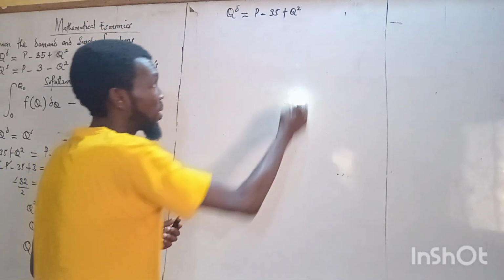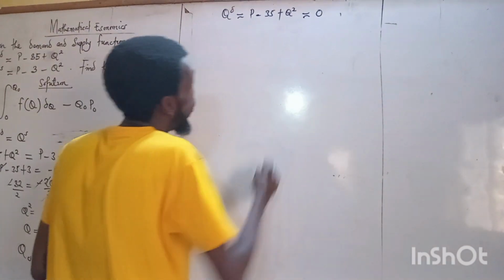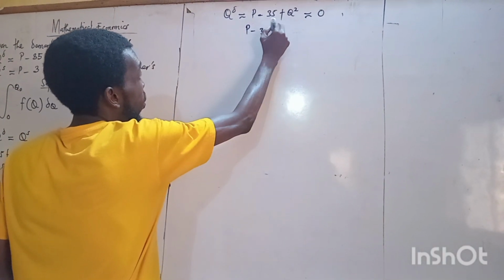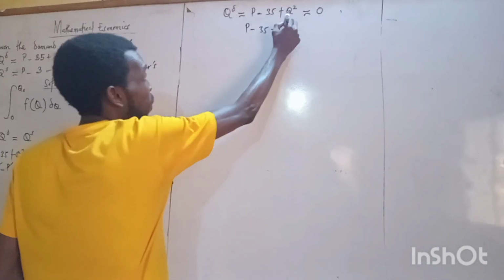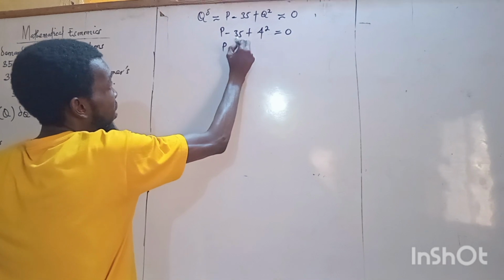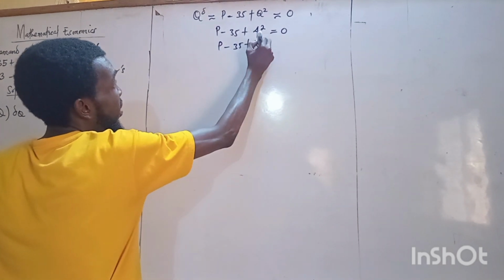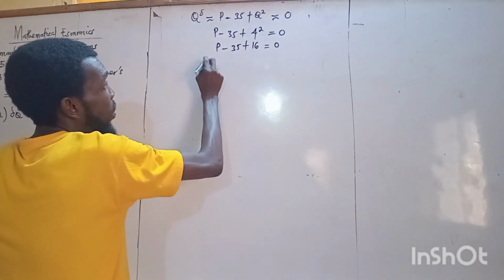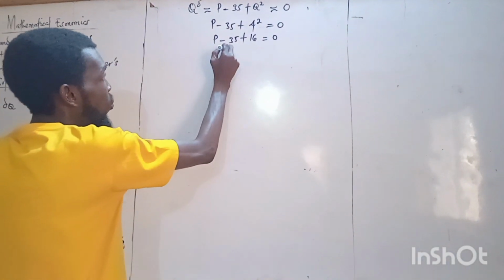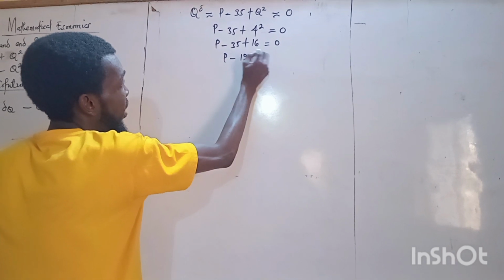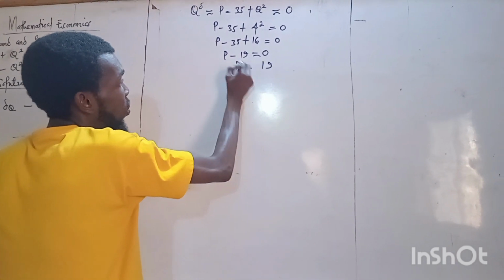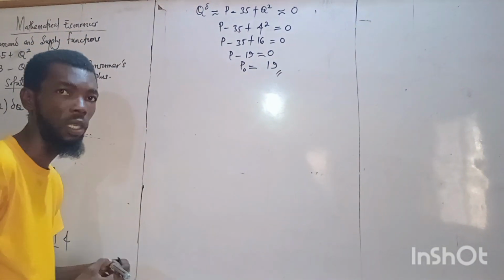In this case, we can say P minus 35 plus 4 squared equals 0, where 4 squared is 16. So minus 35 plus 16 is going to give us minus 19. So P minus 19 equals 0. P equals 19. That P, which is equal to 19, is our P naught.